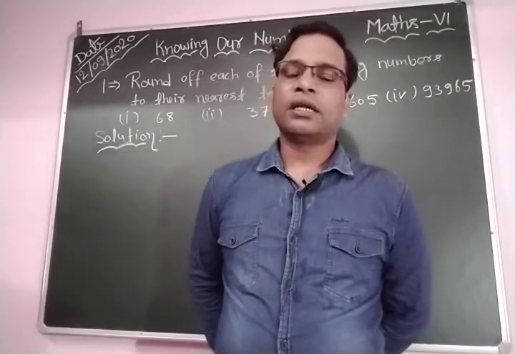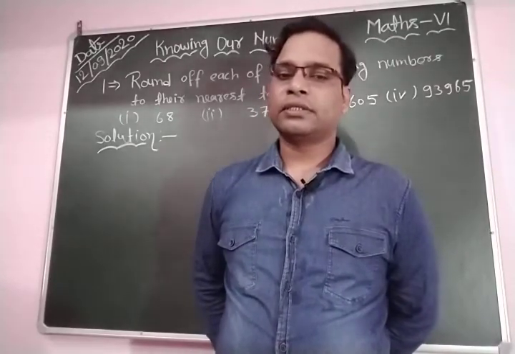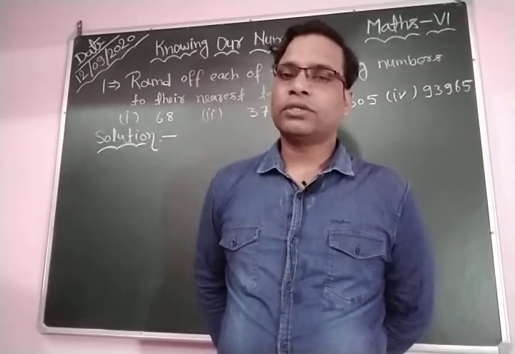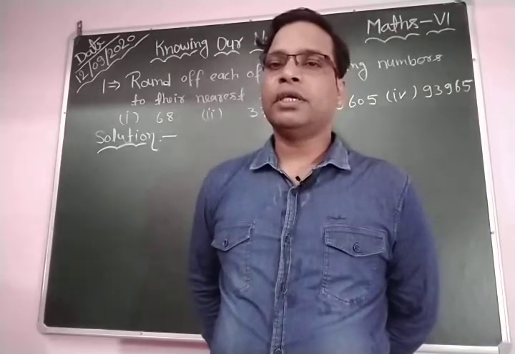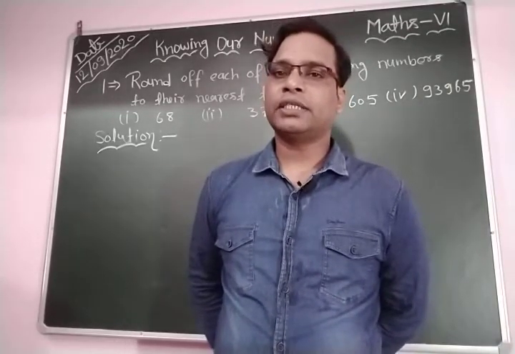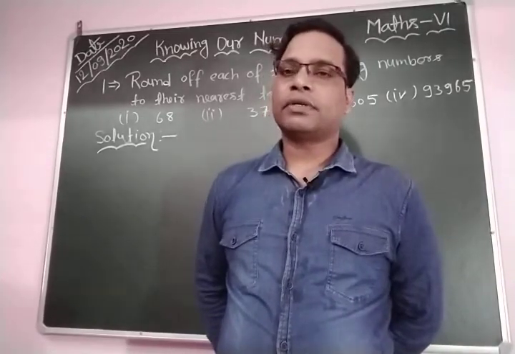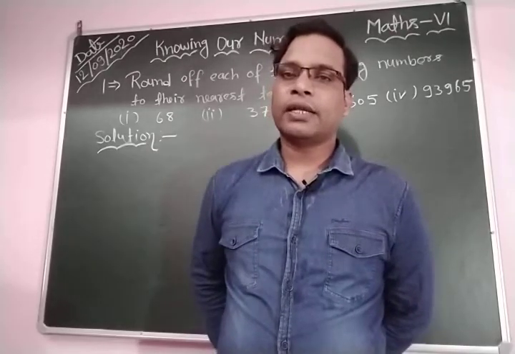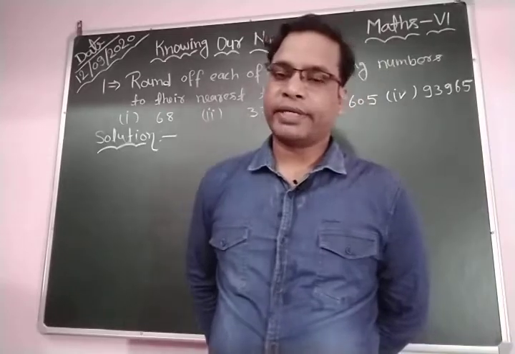So now we are going to discuss rounding to the nearest ten. In rounding a number to the nearest tens, we follow these procedures. First, observe the digit at the ones place.